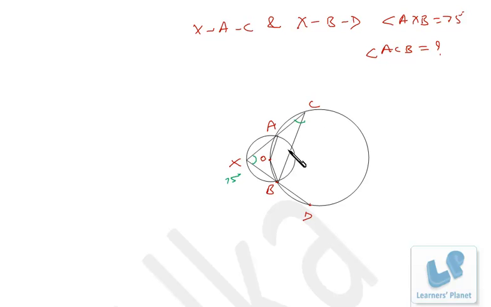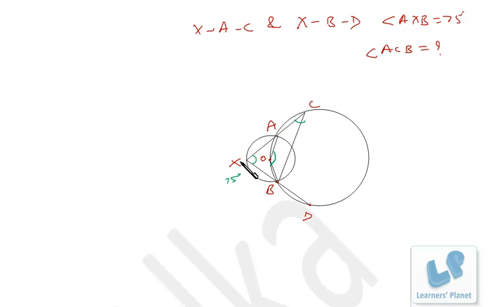Now this figure looks complicated, but this problem is very easy to solve. See, from this segment, this angle is 75 degrees. That means this angle will be 150 degrees.